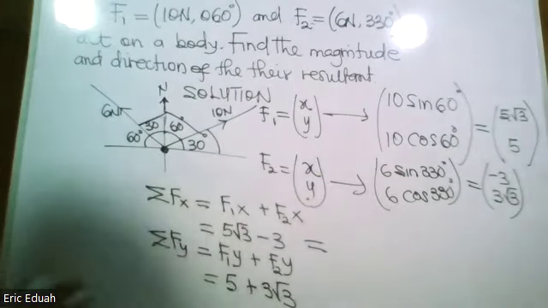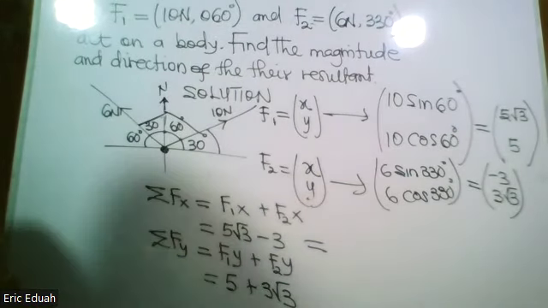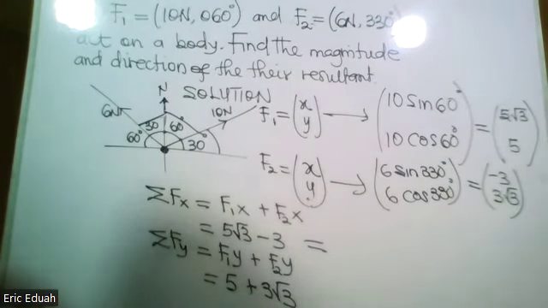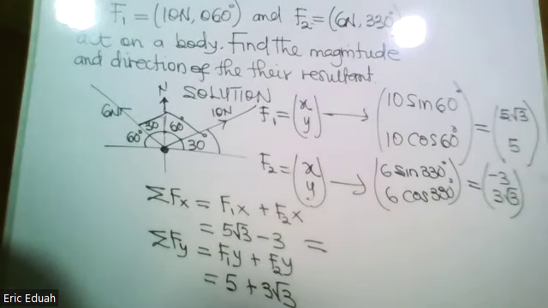So help me find 5 root 3 minus 3. Give me the value in 3 decimal places. What is 5 root 3 minus 3? 5.660. Okay.